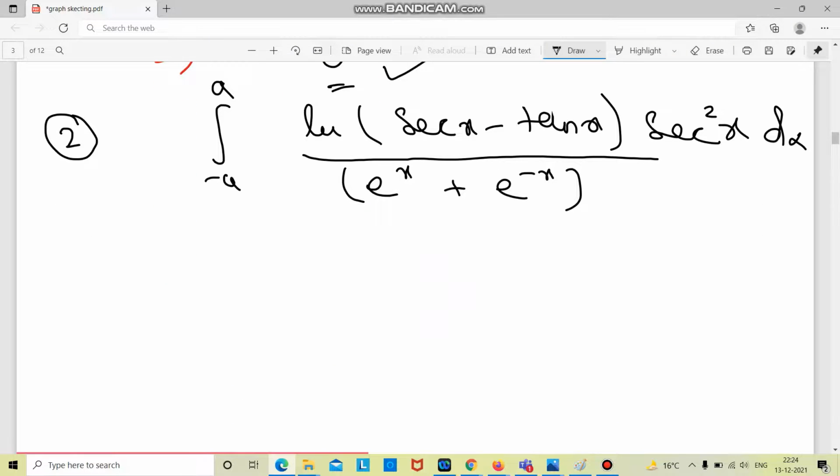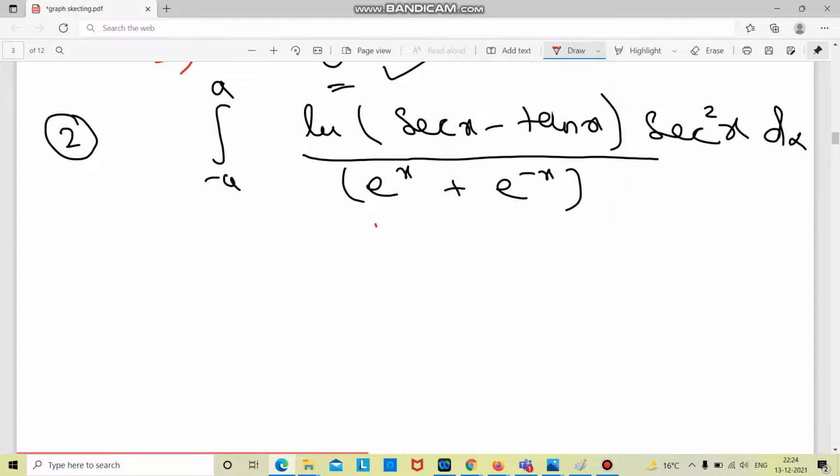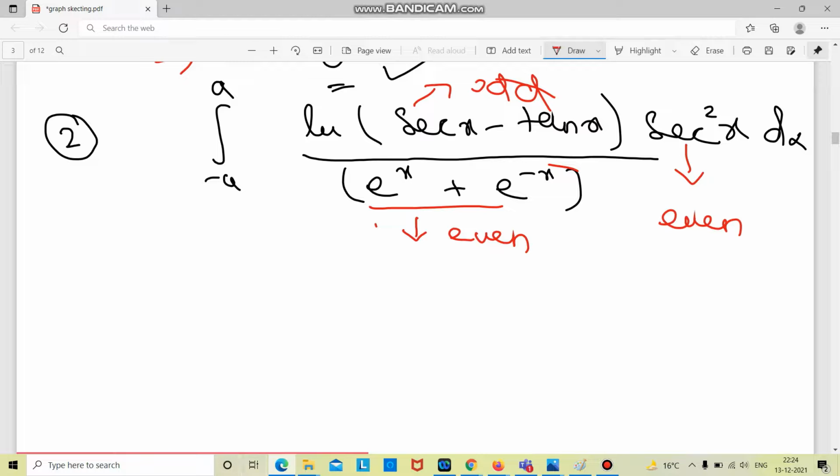This is a much similar question. You just have to understand which functions are odd and which are even. Let's see. This is an even function. This is also an even function. And this is an odd function.